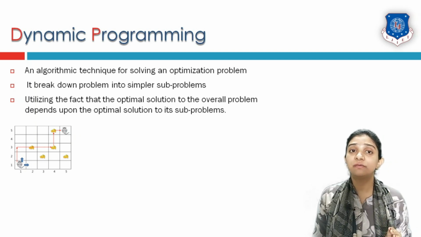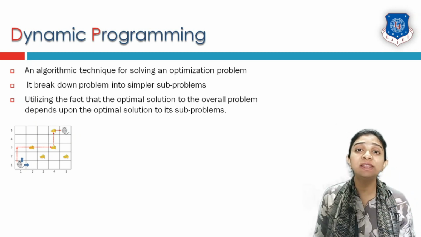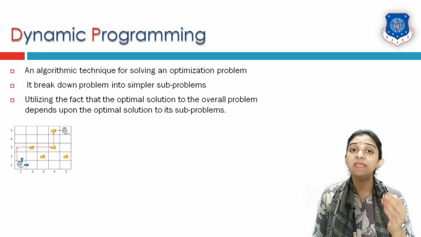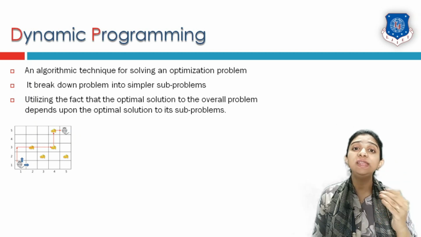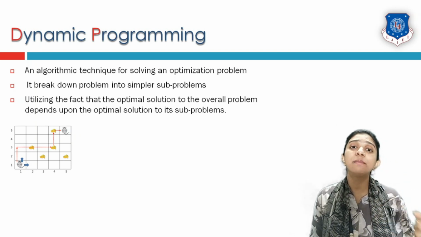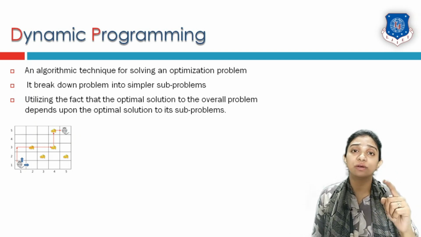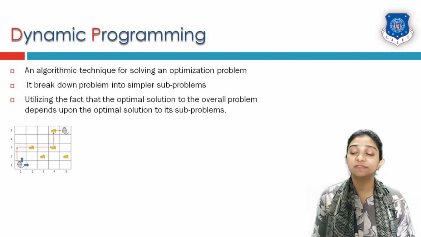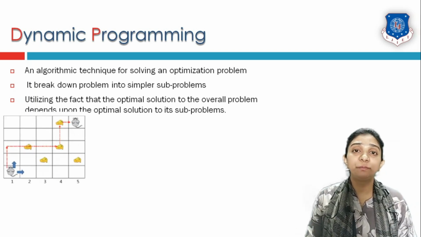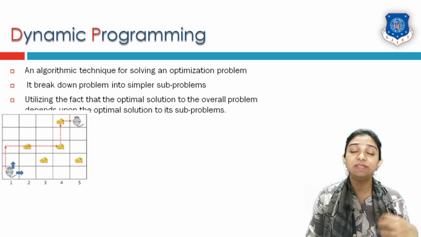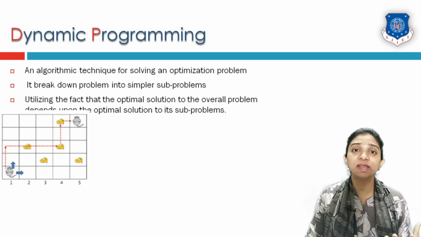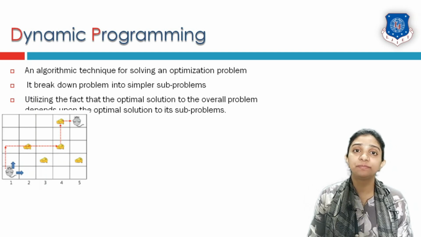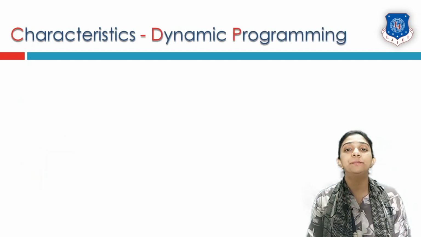So here our goal is to maximize the number of cheese pieces which can be eaten by the mouse, and we have to reduce the number of cells that the mouse is using to cross from 1, 1 to 5, 5. So this is an example of an optimization problem, where we try to maximize some criteria, or in some problems we try to minimize some criteria as per the demand of the problem.